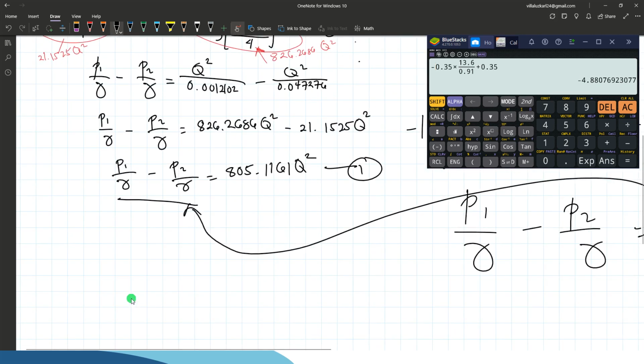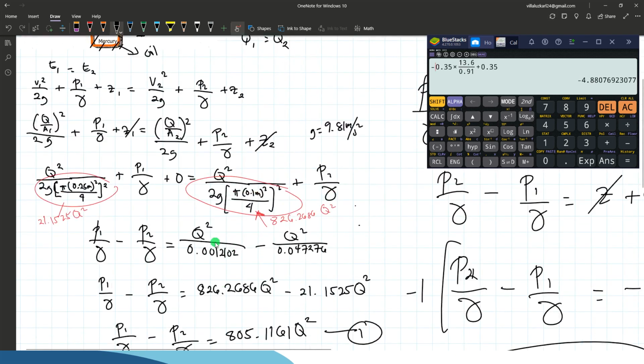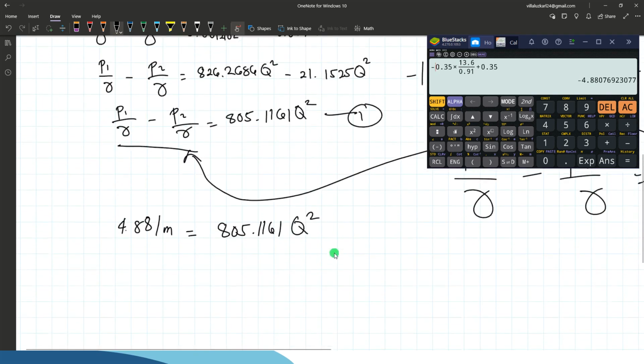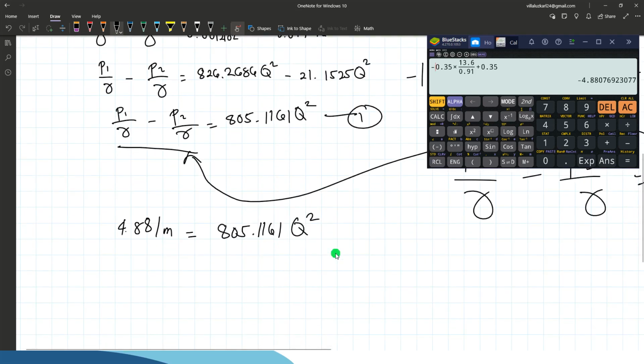So 4.881 meters equals 805.1161 Q squared. Since we are consistent in units, which are meters and seconds, our unit for Q will be cubic meters per second. So we divide both sides by 805.1161.